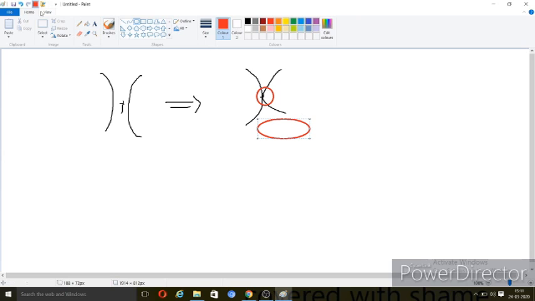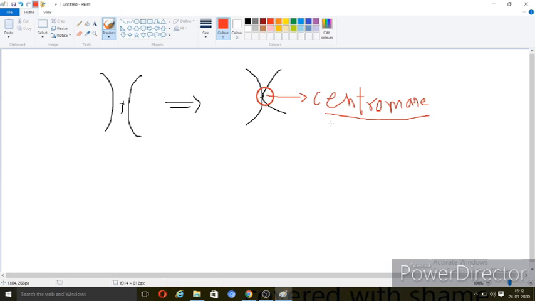Now this is a chromosome. The place where they combine together is known as a centromere. So what is a centromere?